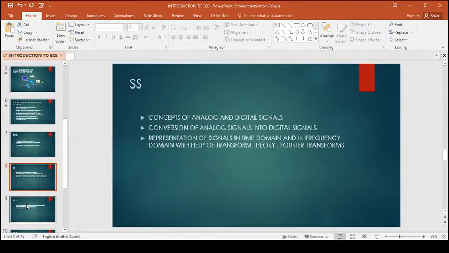And the next one is signals. Anything that carries information is a signal. Strictly speaking, a signal is a physical quantity which varies with respect to an independent quantity like time or frequency and conveys information. The best example: while you are listening to music on your mobile phone, the signal varies with respect to time, meaning the audio song ends in 5 minutes.